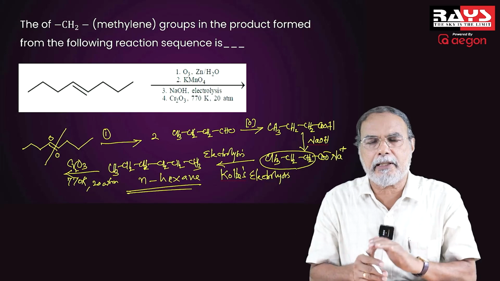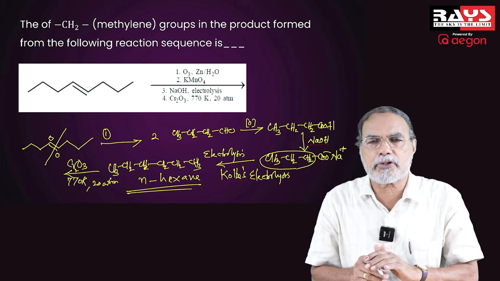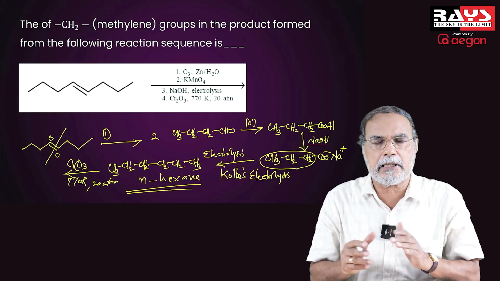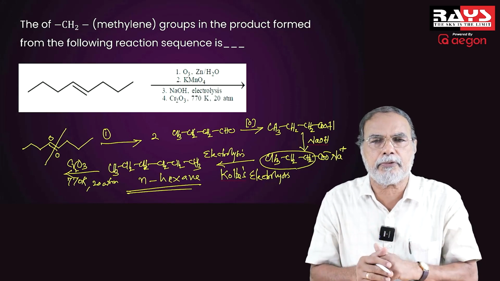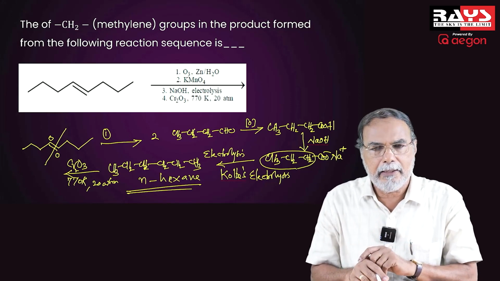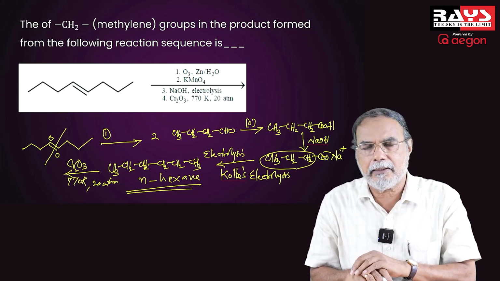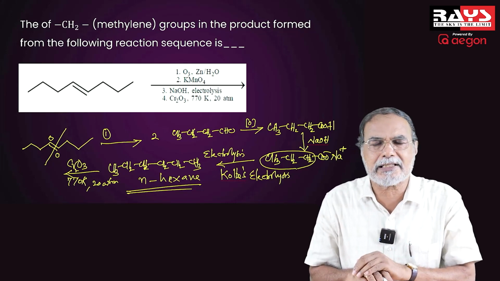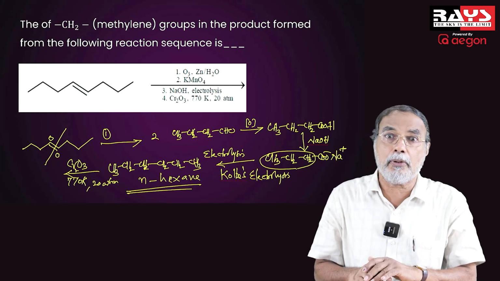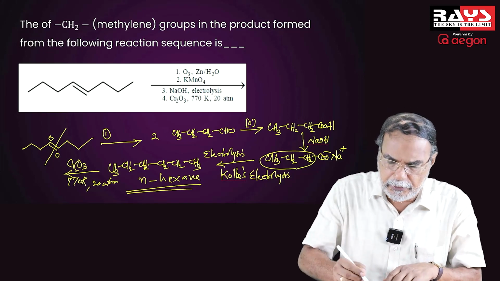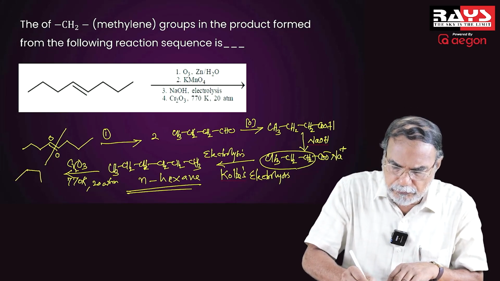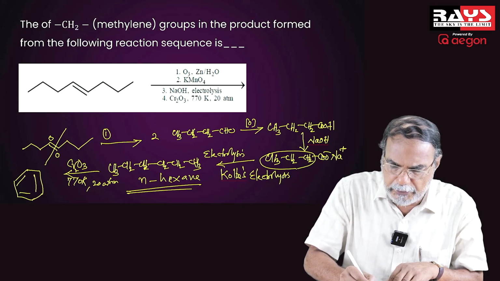Straight chain alkanes containing 6 carbon atoms undergo cyclization to form cyclohexane, and this cyclohexane, again under the influence of the same catalyst at the same temperature and pressure, undergoes dehydrogenation. So cyclization followed by dehydrogenation gives the compound benzene.